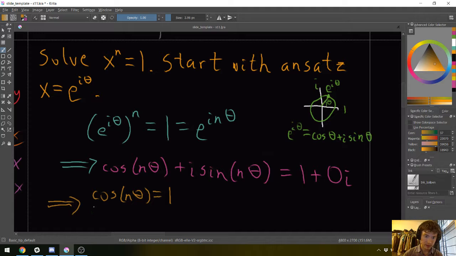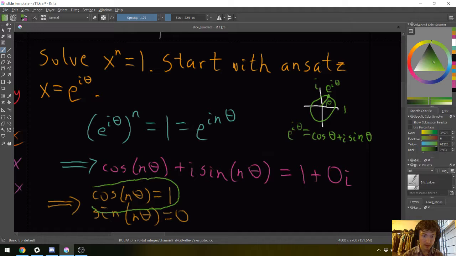Yeah, so I'll just divide by i in that second equation, because there's a 0 on the other side, so that tells us sine n theta equals 0. Okay. So now we have to do that thing that we saw, I think in the previous meeting or 2 meetings ago, where there are these wraparound solutions, right?